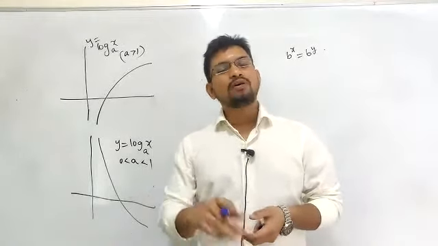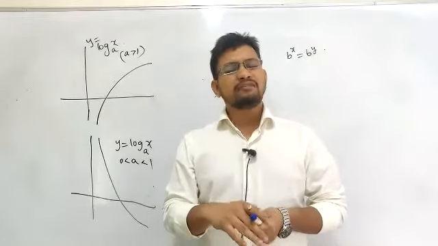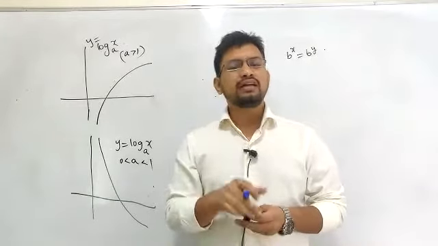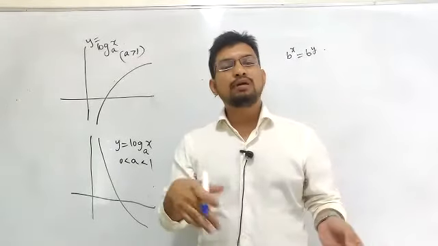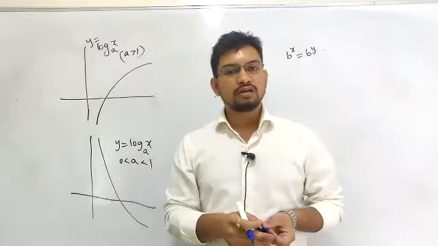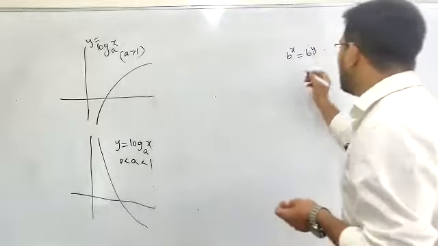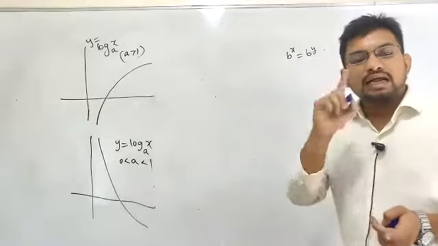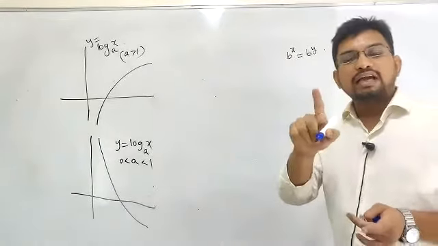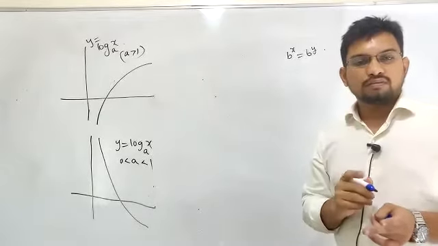But almost every book failed to write an important line there. They say if the bases are equal, equate the powers, but they failed to write a very important line there. That particular line is that if the bases are equal, powers can be compared only if the base is not 0 or 1.